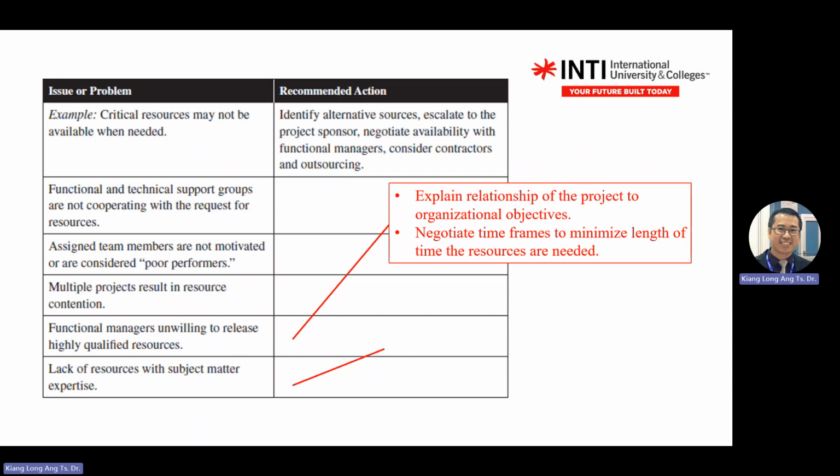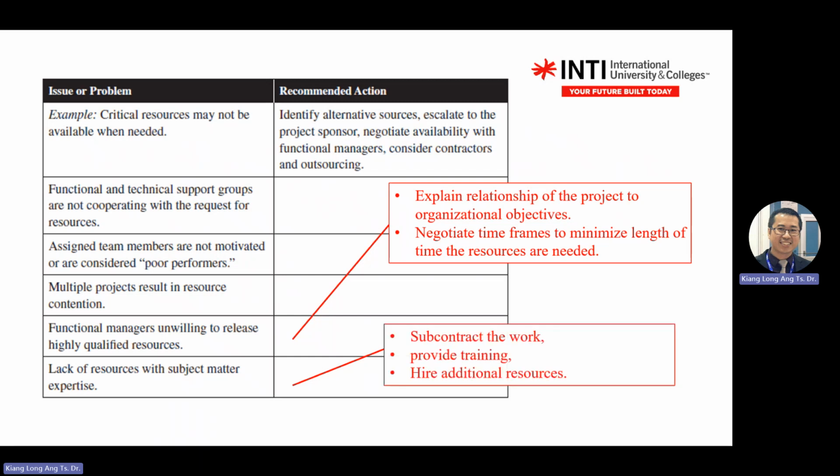If you lack resources with subject matter expertise, you do a subcontract, like the first example. You do a subcontract, you provide alternatives, and sometimes you don't have an expert, right?